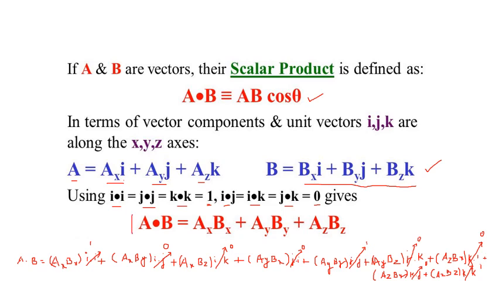A dot b equal to ax bx plus ay by plus az bz. So this is your result when you are multiplying two vectors by using dot product or scalar product. Okay, a dot b equal to ax bx plus ay by plus az bz.